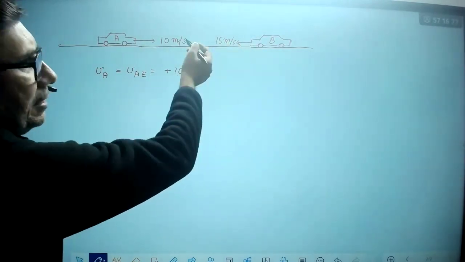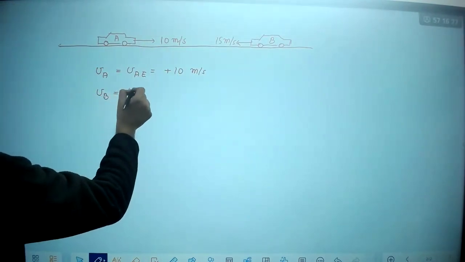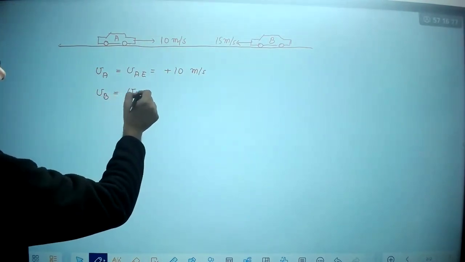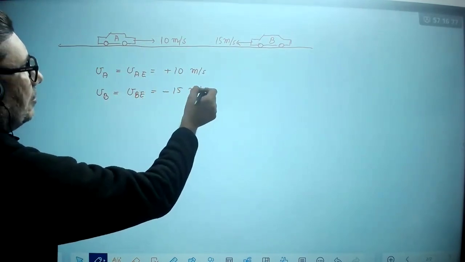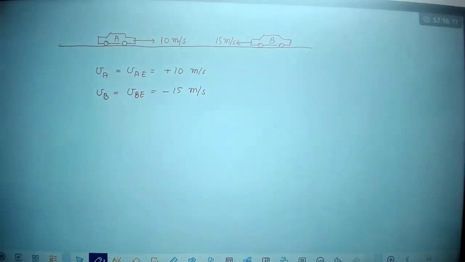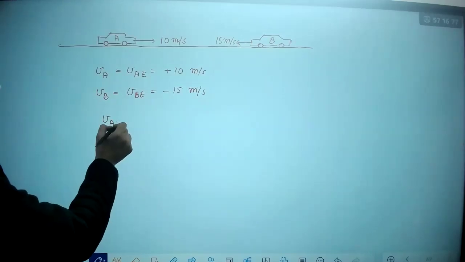And this is moving in negative x cap direction, so VBE will be minus 15 meter per second.